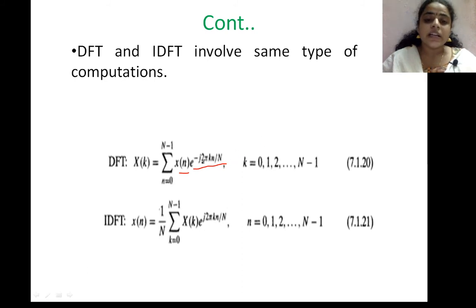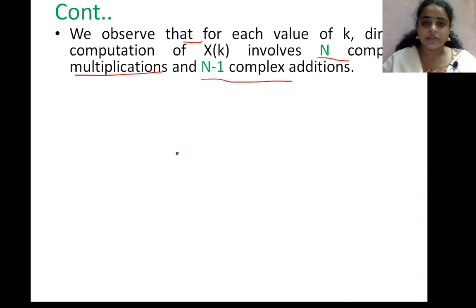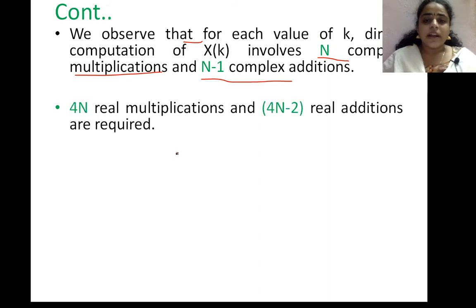Like that, it needs n complex multiplications and n minus 1 complex additions, and 4n real multiplications, 4n minus 2 real additions are required. These are all the syntheses that yield from the study of the algorithms.